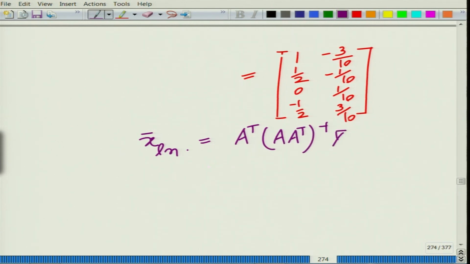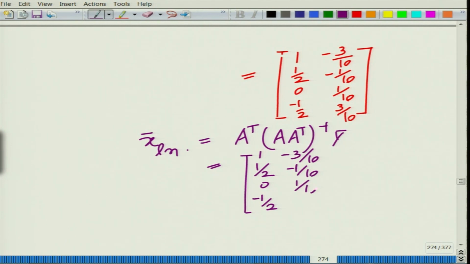So, x bar ln equals the least norm solution equals this matrix, that is your A transpose inverse y bar, which is 1 half, 0, minus half, minus 3 by 10, minus 1 by 10, 1 by 10, 3 by 10, times y1, y2.